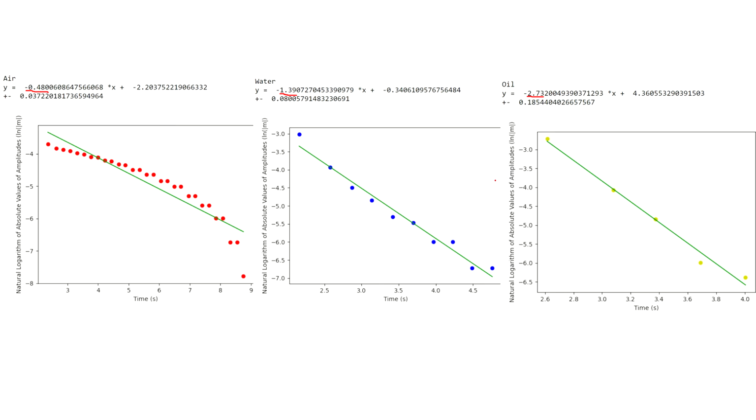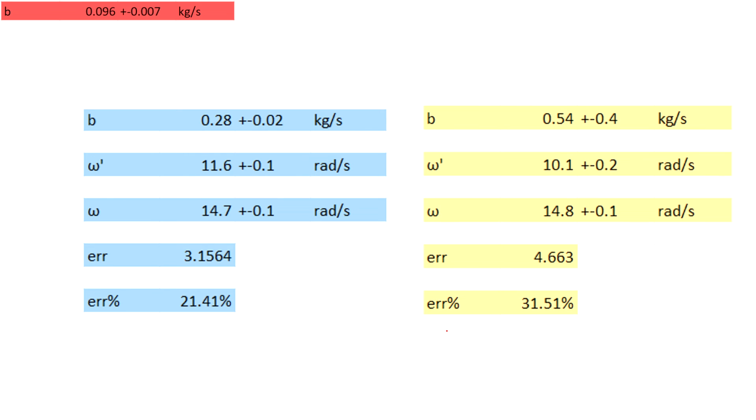Also, this value here, which is the uncertainty, right below them, is the slope of each of these best fit lines. Here we represent it with the letter x, minus the damping constant represented by b over 2 times the mass. With this, we can know what the damping constant is. So here we calculate the values.